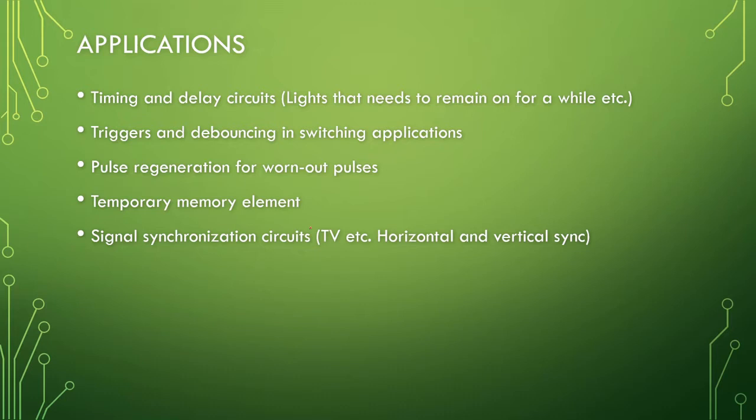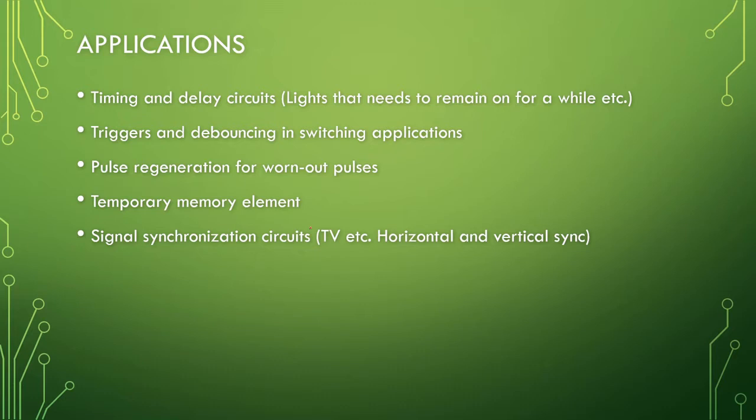as an example. Then triggering and debouncing applications, when you have push buttons, they sometimes create a bit of oscillation, and you can use one of these monostables to debounce a switch.